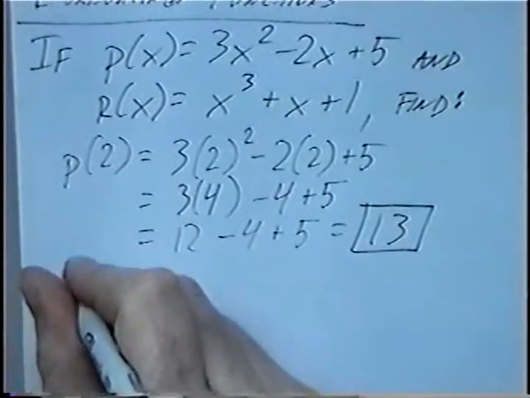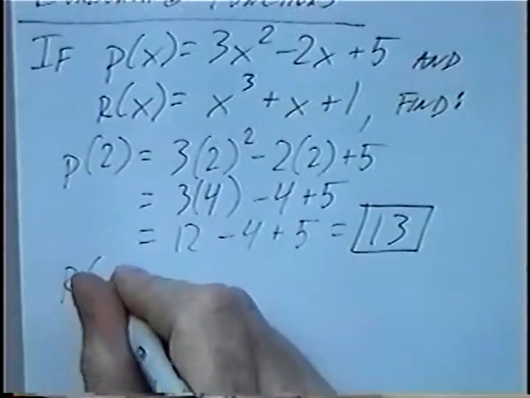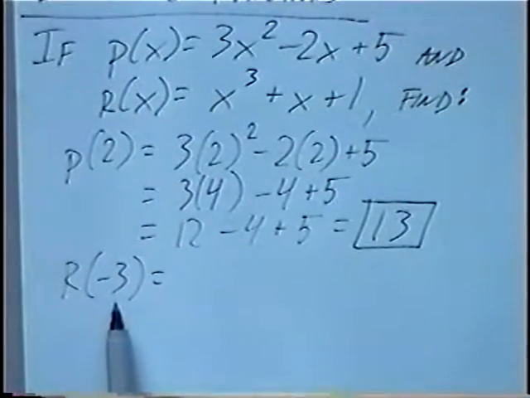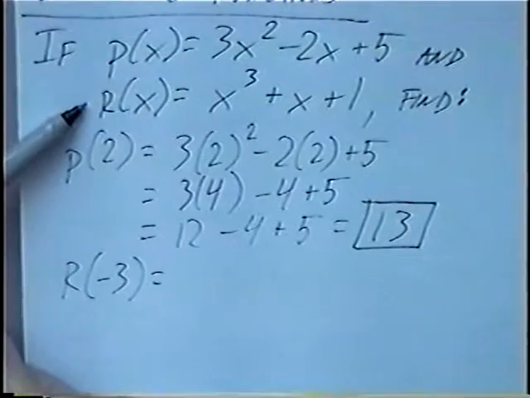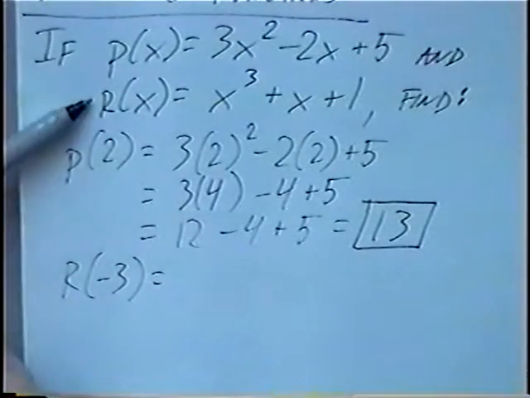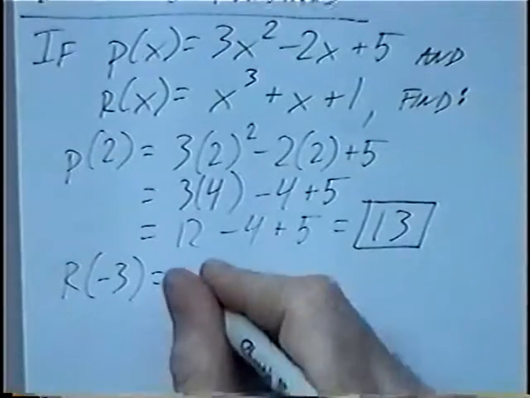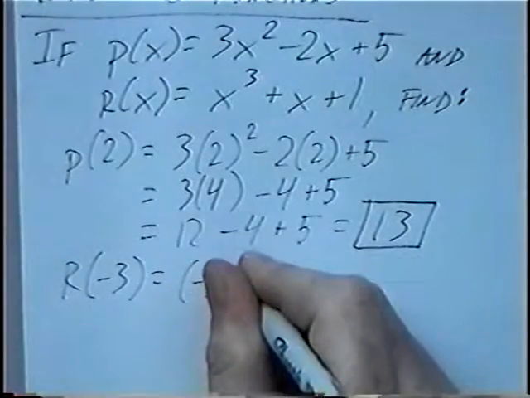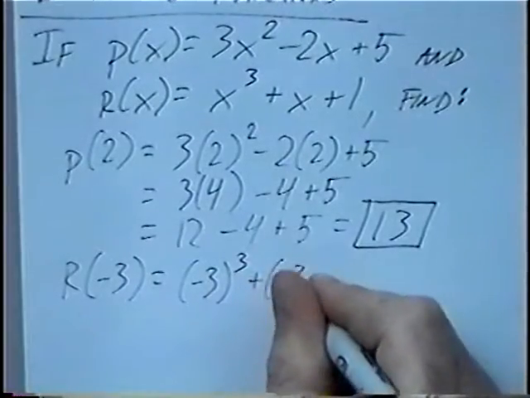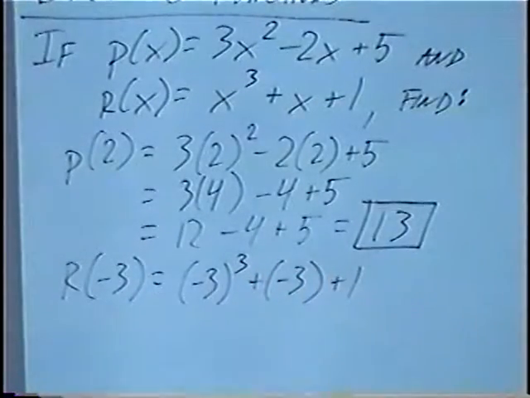Second question, r of negative 3. In this question, we'll take negative 3 and we'll plug it into the r equation for the variable x. Rewriting the r equation, we have x cubed, which in this case would be negative 3 cubed, plus x, which would be plus a negative 3, and then plus 1.